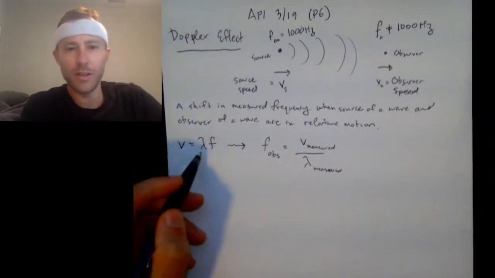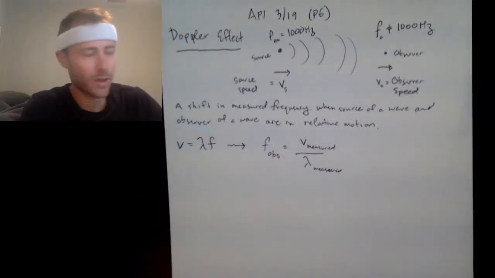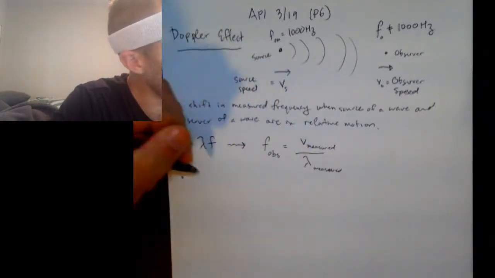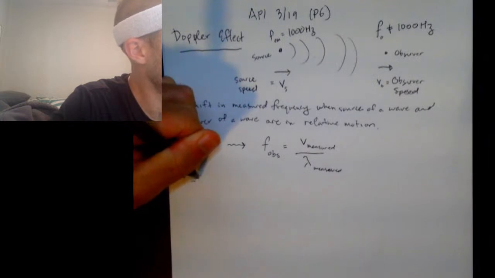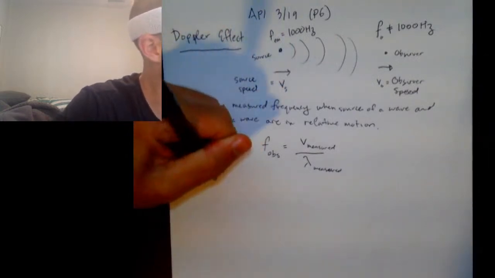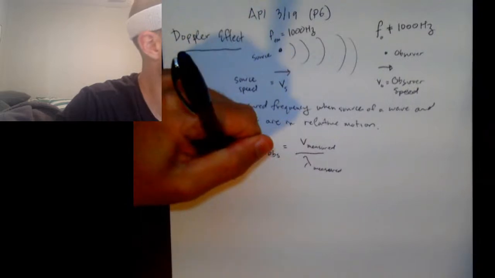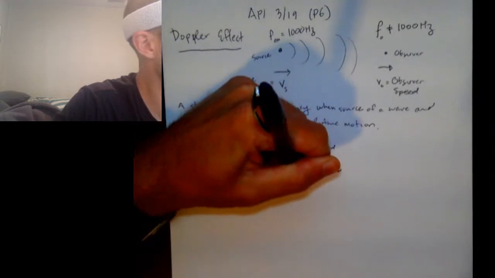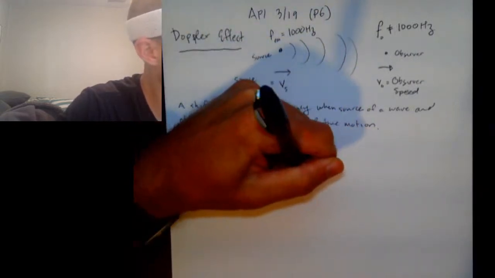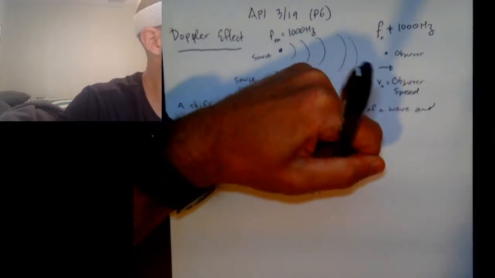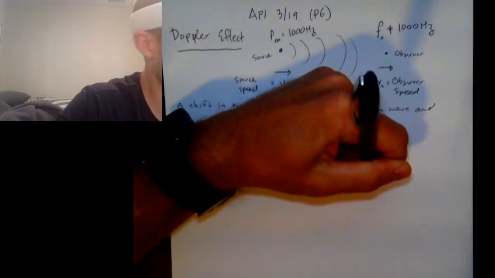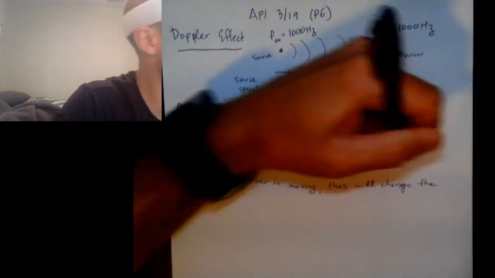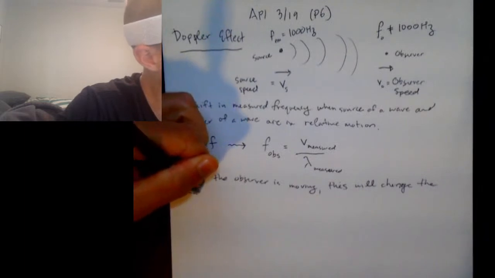That's just taking both sides and dividing by wavelength. So let's think about what happens if the observer is moving. This will change the measured speed of the wave.